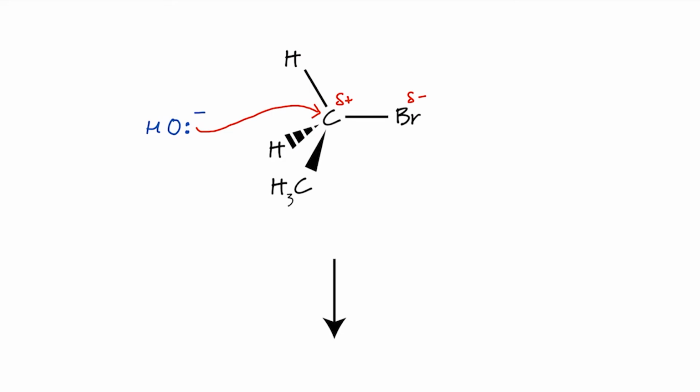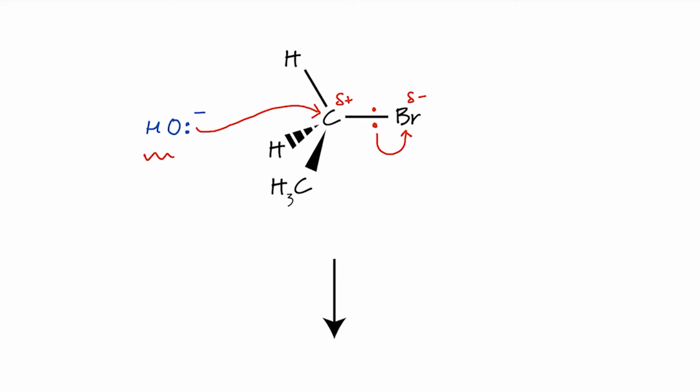What happens next? Well, simultaneously, at the same time as the hydroxide ion is attacking our delta positive carbon, bromine becomes a leaving group. And it's going to leave taking both the electrons out of the carbon-bromine bond. Again, I have drawn this arrow really accurately because the electrons are moving from the bond onto the bromine atom.